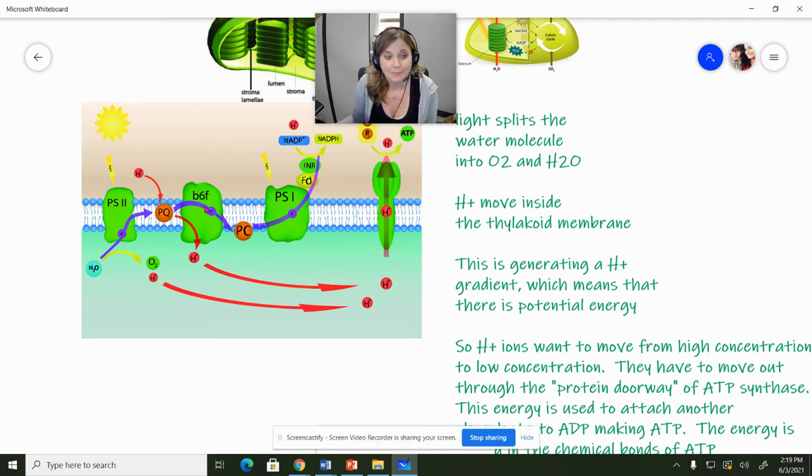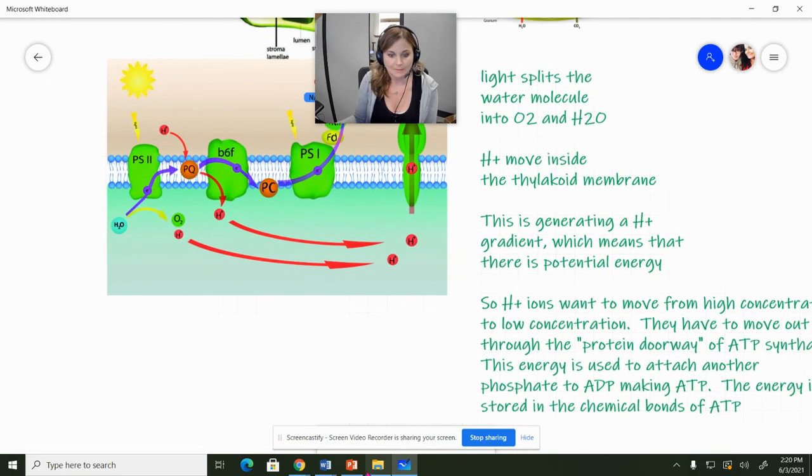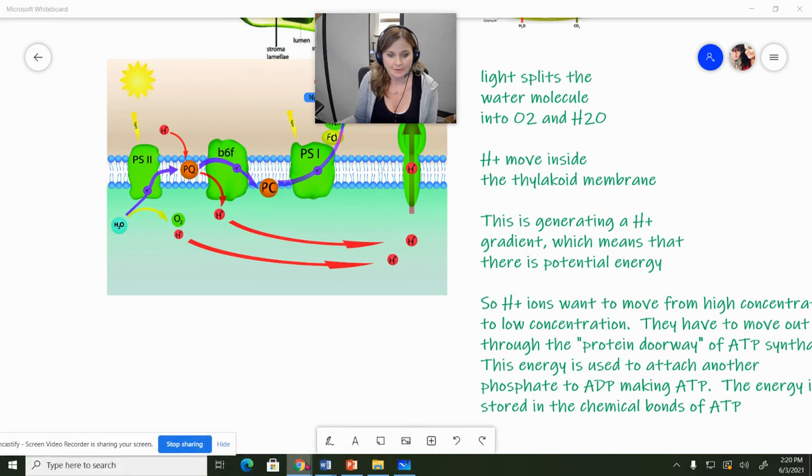So a moving electron here is essentially a current being transferred from one protein to another and transported out, and that little bit of energy is used to create NADPH from NADP plus. We actually use one of the hydrogen ions as well to be able to do that. Okay, so let's do that part. Let's just get this out of the way here.